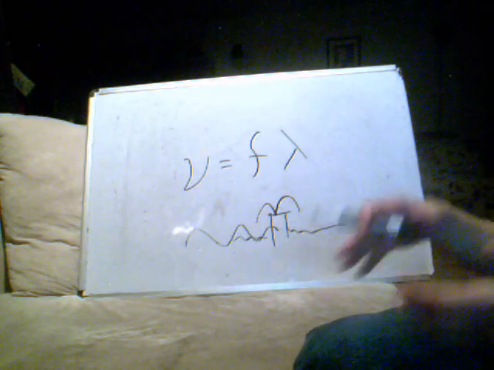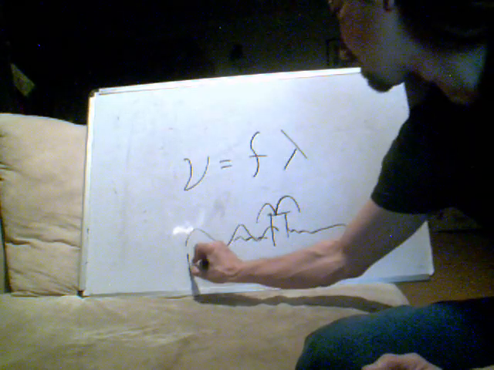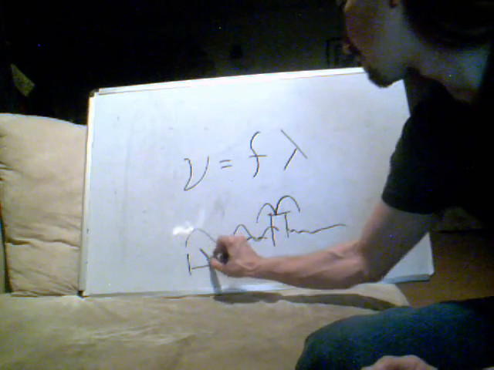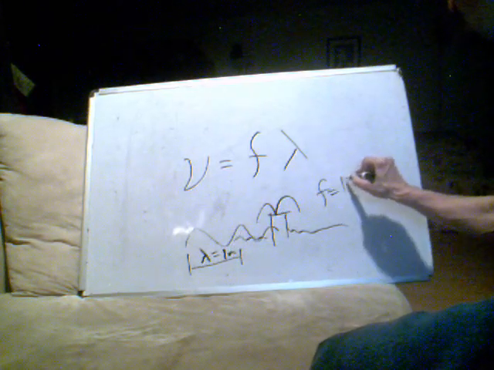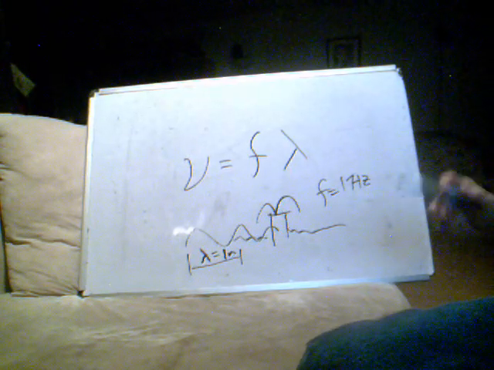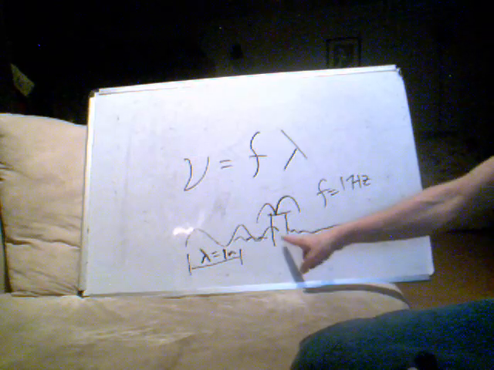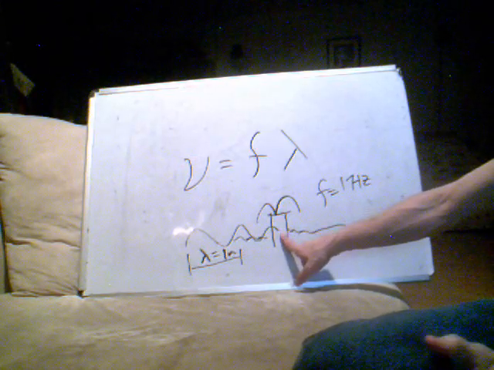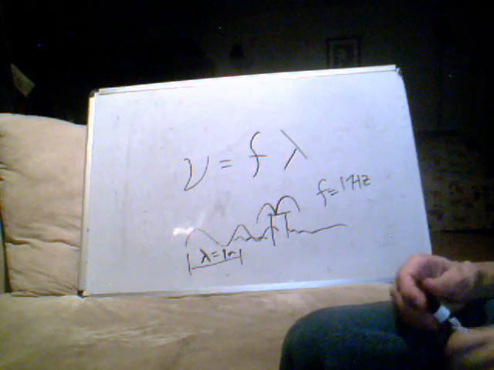And from whatever kind of cleverness that you manage, you realize that the wavelength is 1 meter and the frequency is 1 hertz, or 1 cycle per second. What that means is that every second one wave hits this pier, right? The part of the old broken down pier that's sticking out of the water.